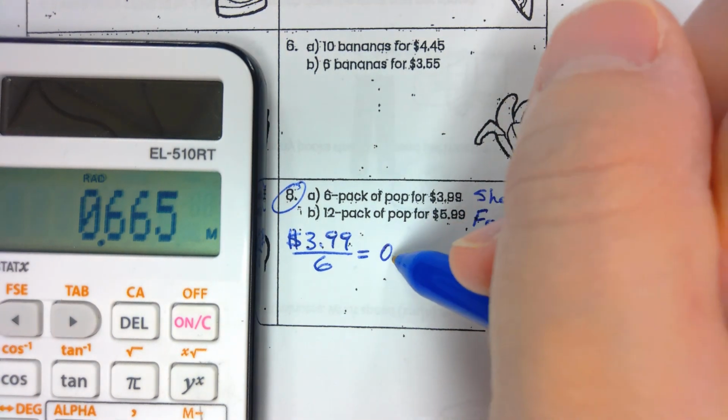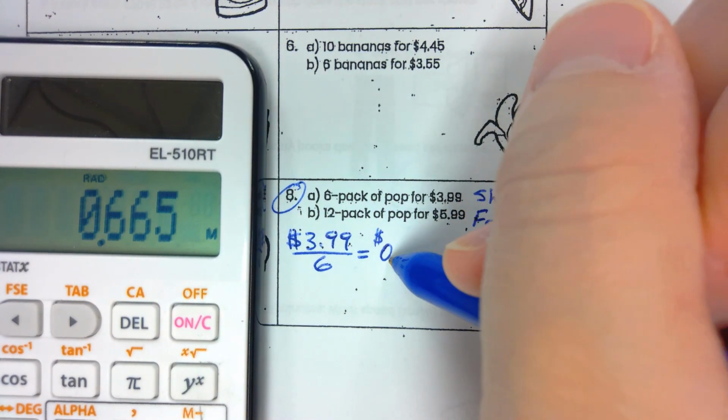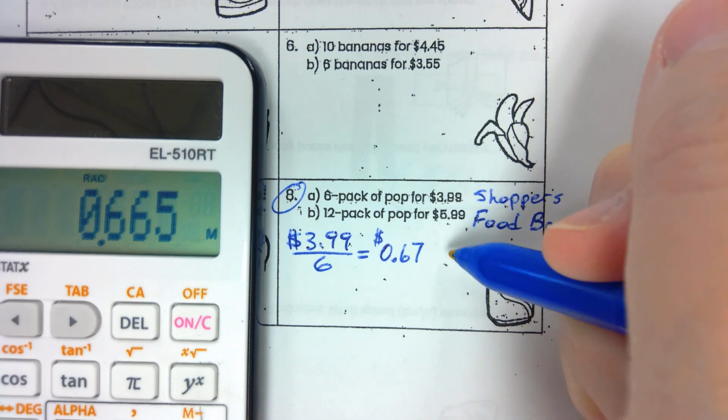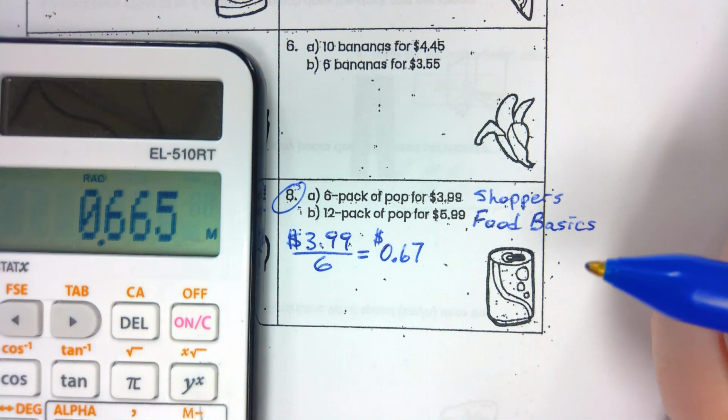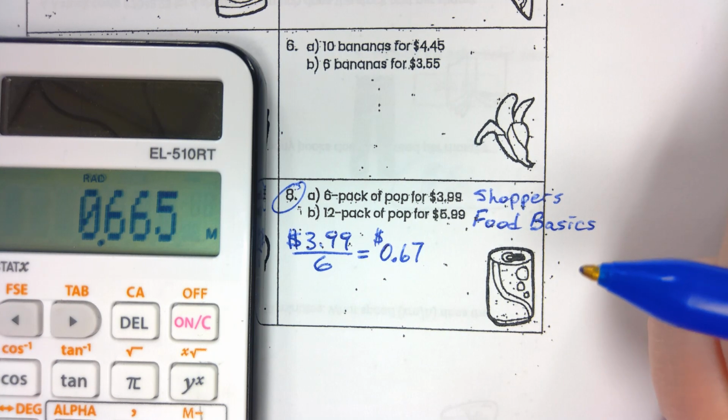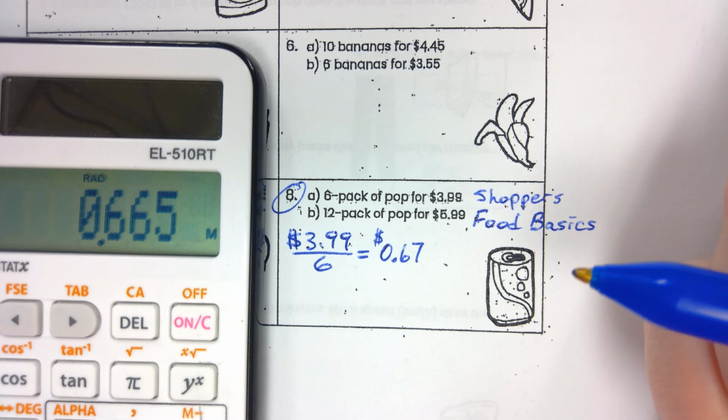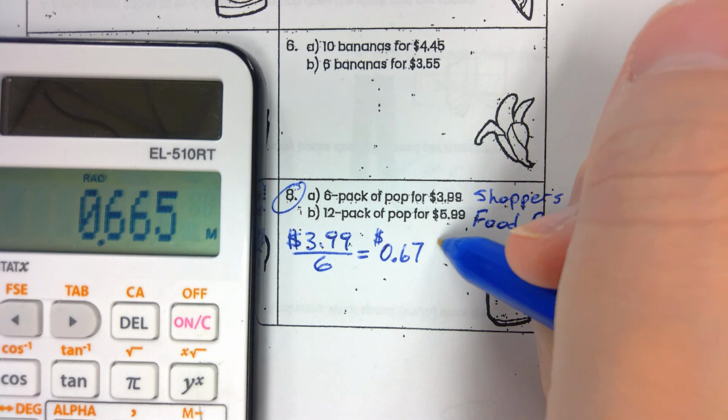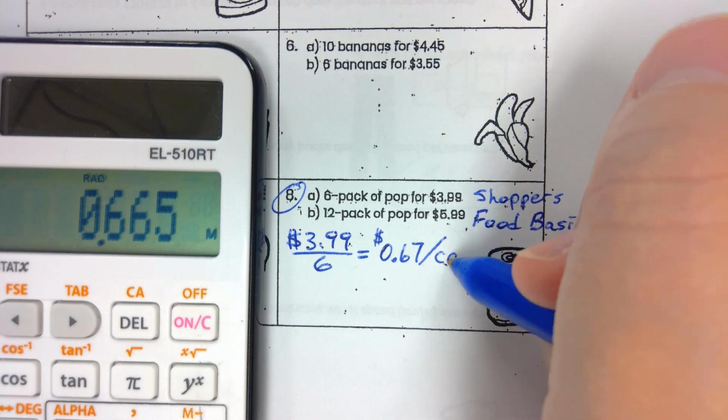So I could either write $0.67 like this, or 67 cents. Phil, what did we say about your units? Oh, 67 cents per can. Per can, right? Two units, remember.